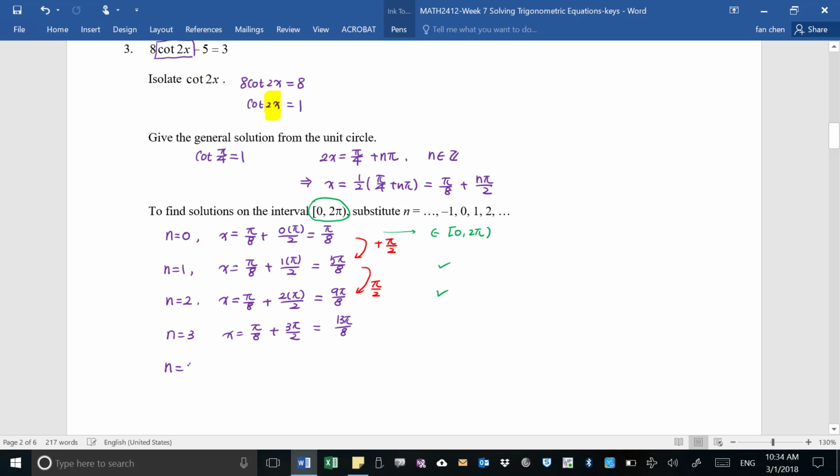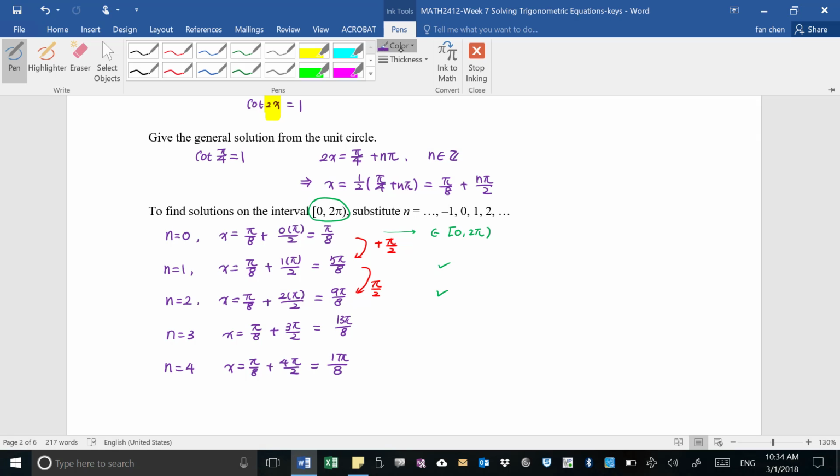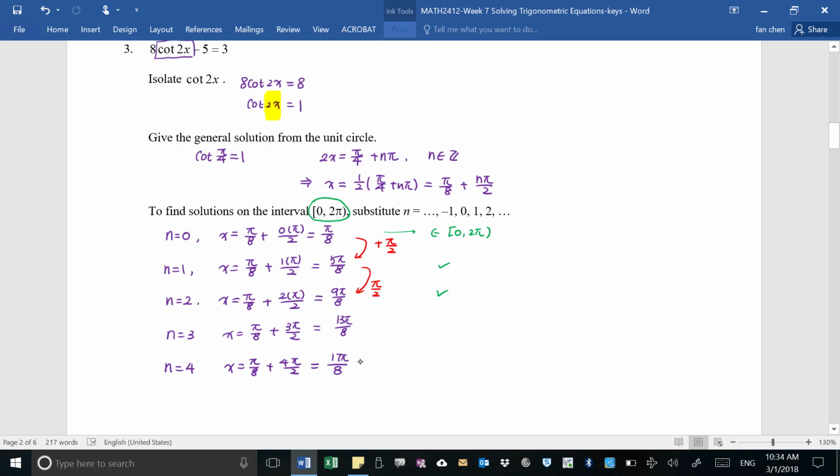And n equals 4, x equals pi/8 plus 4 times pi divided by 2, or you can just add another pi/2, and that will give us 17pi/8. Okay, that's an issue because this one is greater than 2pi. So we are going to reject this answer.